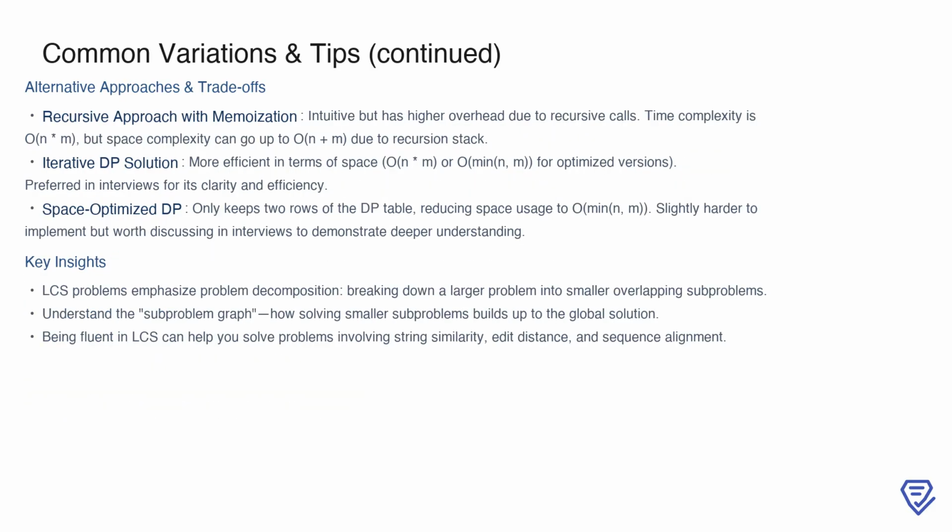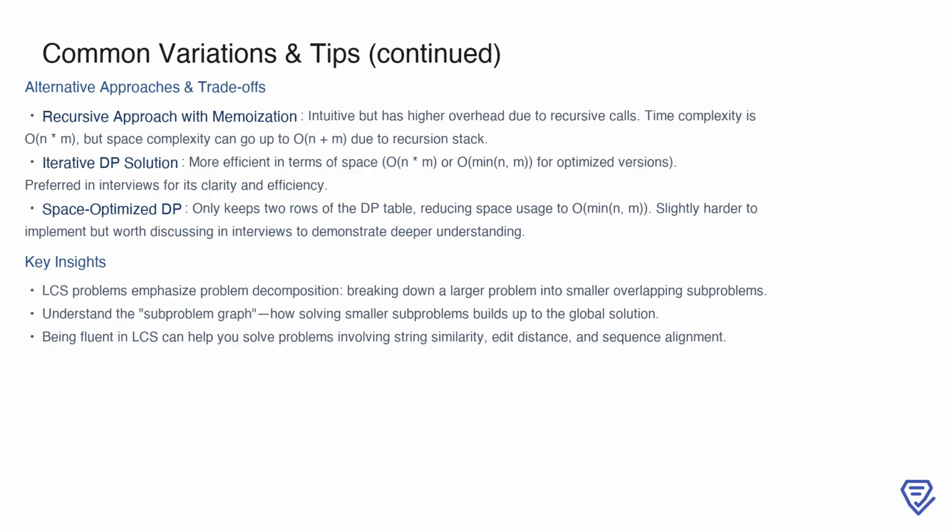There are also alternative approaches and trade-offs to consider. A recursive approach with memoization is often seen as intuitive, but it comes with higher overhead because of recursive calls. While its time complexity is O(n*m), the space complexity can go up to O(n+m) due to the recursion stack.